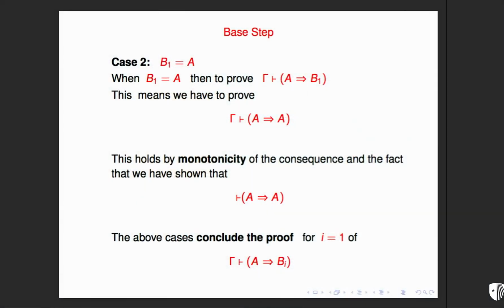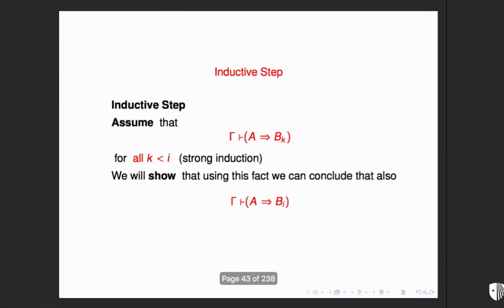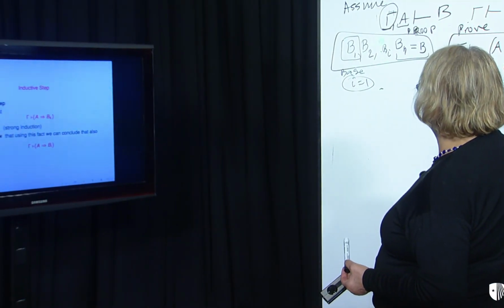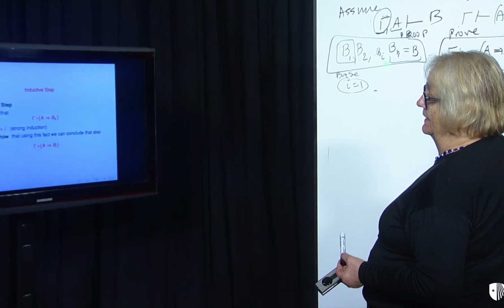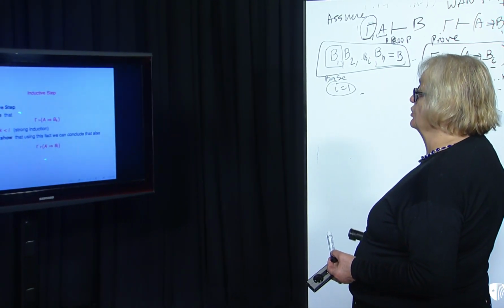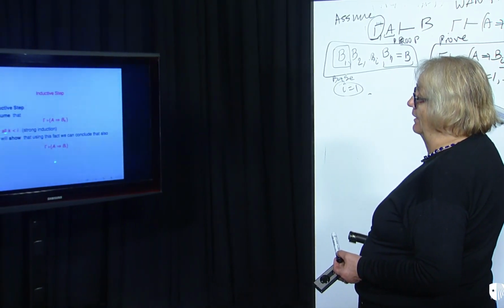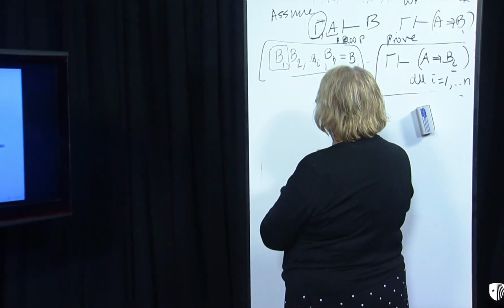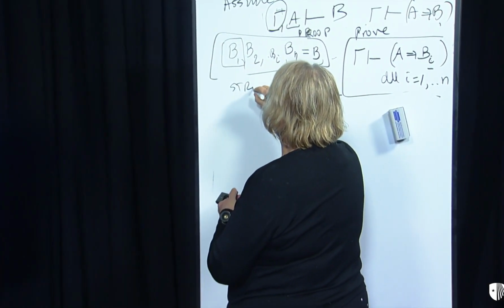And now I just want to assume that gamma proves A implies Bk, for some k in the sequence, and we show it for all k less than i. So we use what's called strong induction.